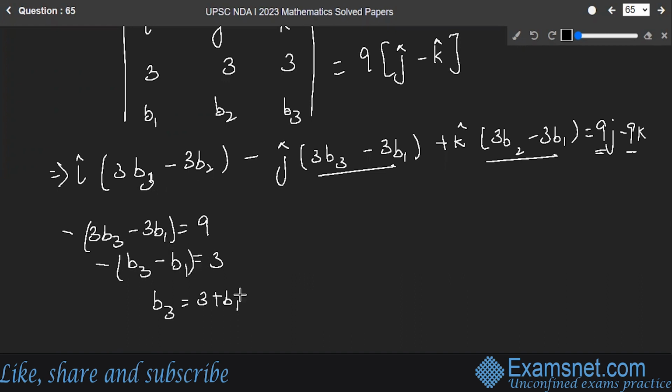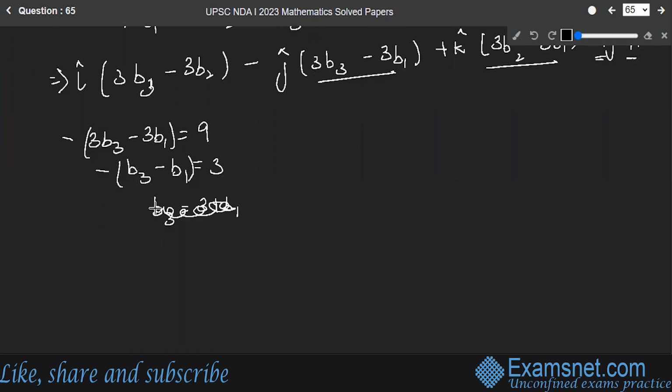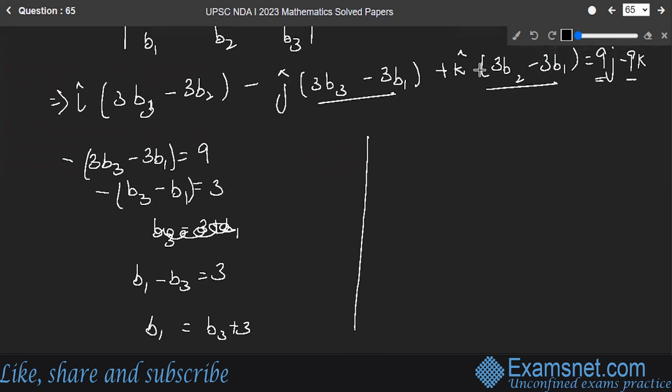And this statement will be that B1 minus B3 is equal to 3, which gives you B1 is equal to B3 plus 3. Now the second one says 3B2 minus 3B1 is equal to minus 9, which gives you B2 minus B1 is equal to minus 3, or B1 is equal to 3 plus B2.